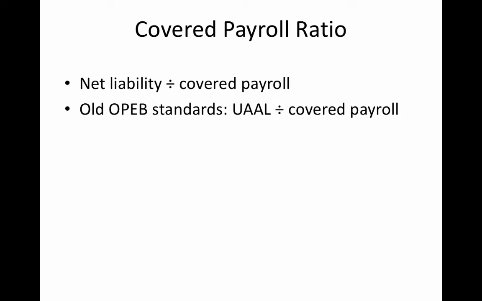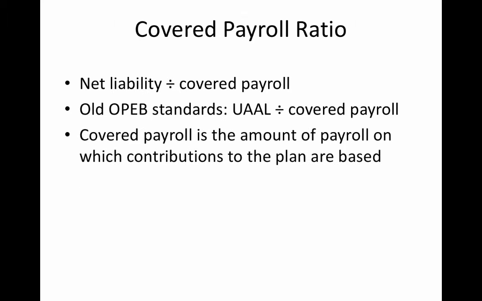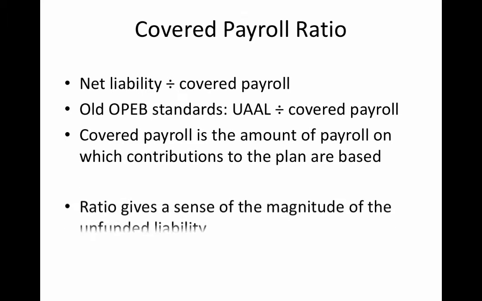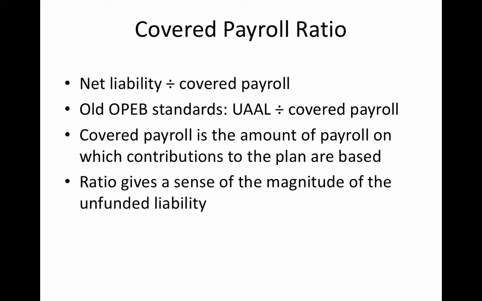The other major ratio is this covered payroll ratio, where you see the net liability divided by the covered payroll, or under the old standards, the unfunded liability divided by covered payroll. And the idea here is to give you a sense of how big this number is.